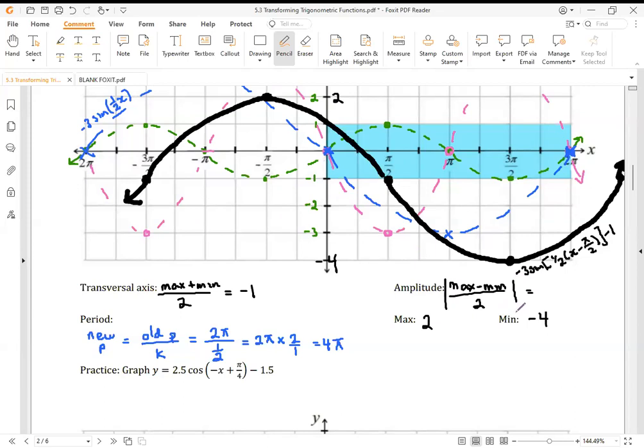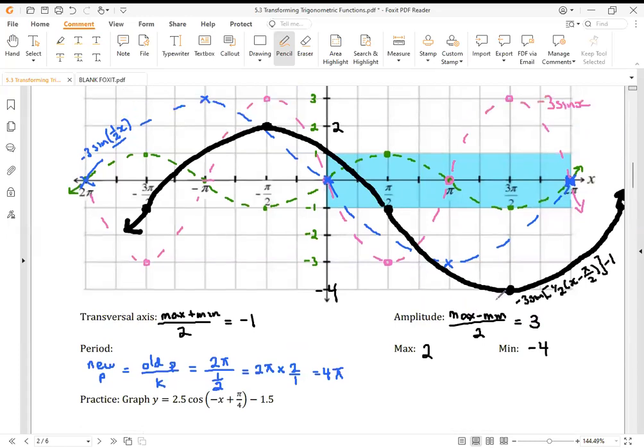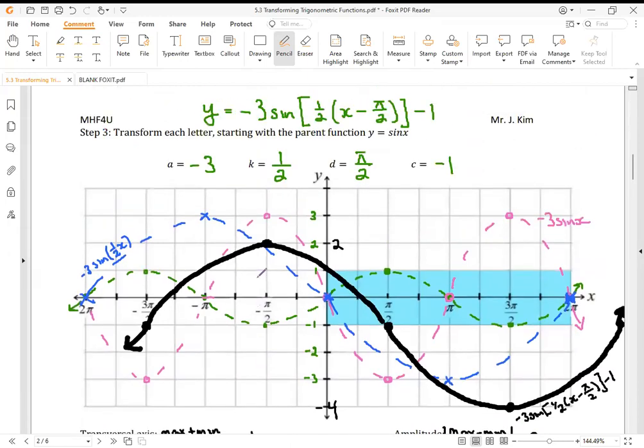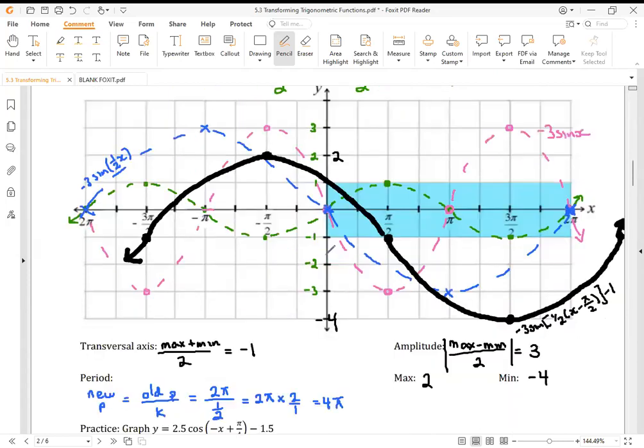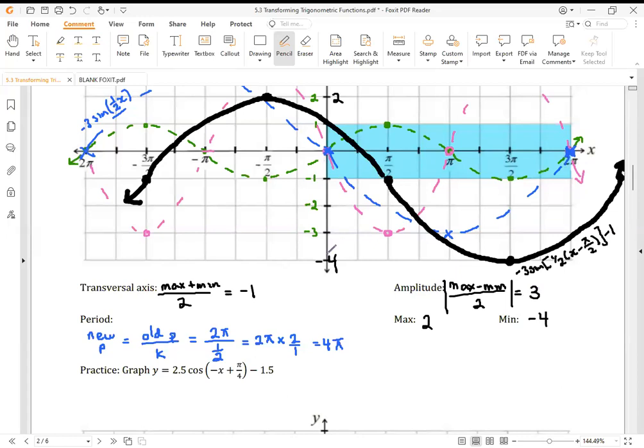So in this case, it will always be positive, I guess. 2 minus a negative 4, that's a positive 6. Divided by 2, it is a 3. Is there a coincidence between the 3 and the equation? Chin scratch. I hope you see it.